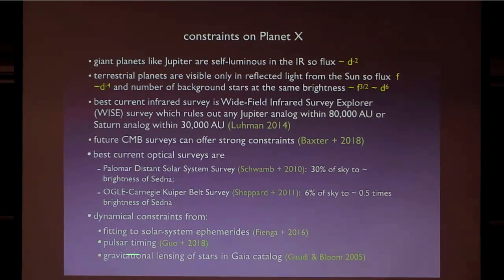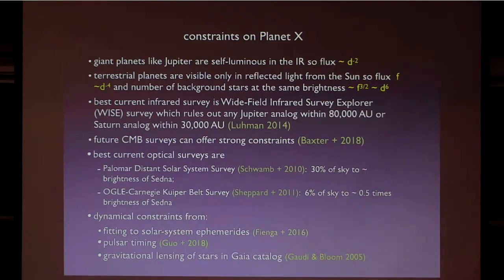Pulsar timing is becoming more and more powerful because arrays like NANOGrav that are searching for gravitational wave background have now found that one of the limiting factors in their sensitivity is uncertainties in the solar system ephemeris, and so they are gradually turning into combined searches for gravitational waves and better ephemerides in Planet X.